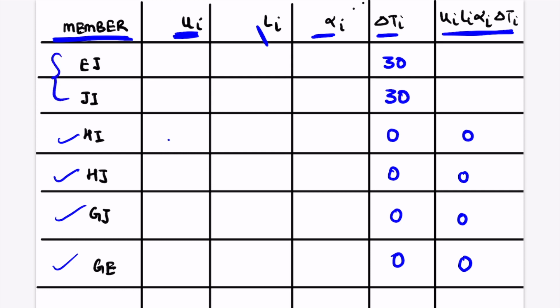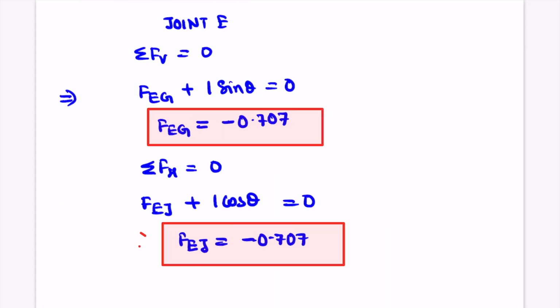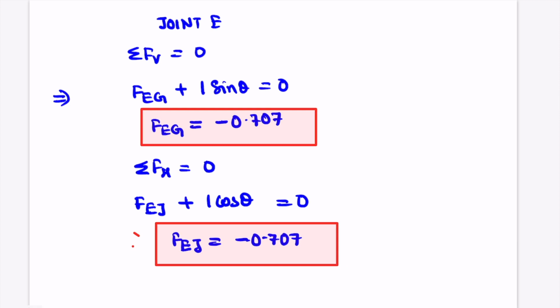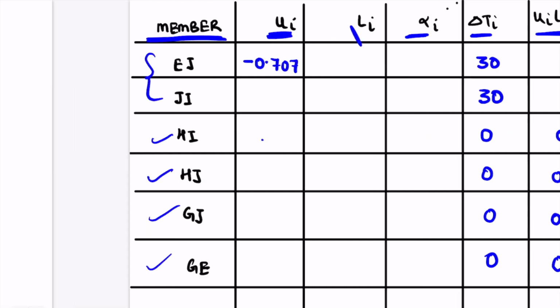So what is the UI, that is the internal force due to unit load in member EJ? In member EJ, the value of UI is minus 0.707. So we'll write minus 0.707 here. What is the UI for member JI?